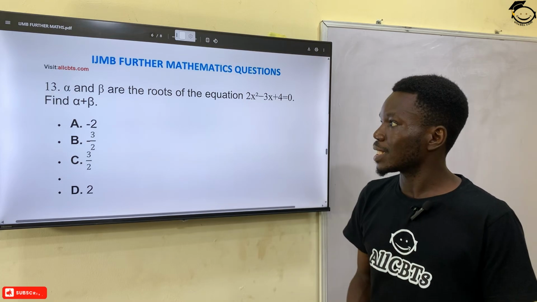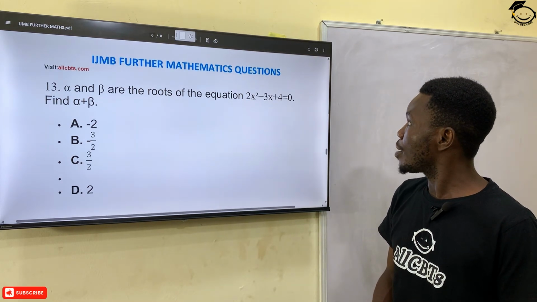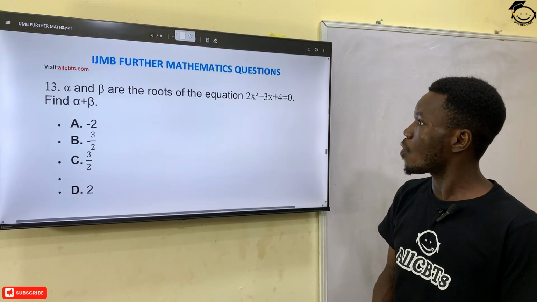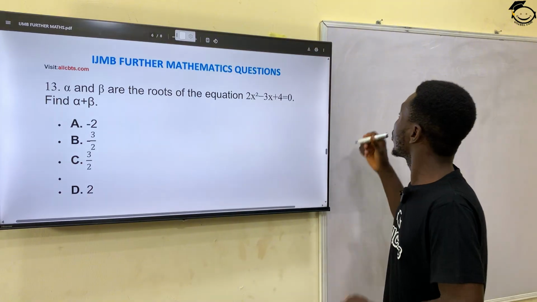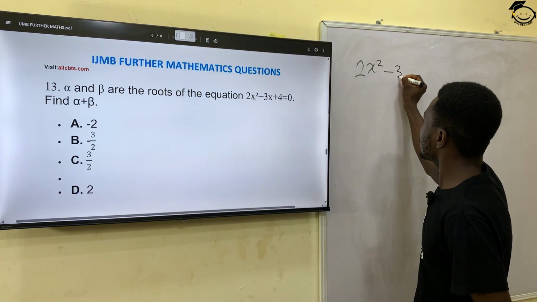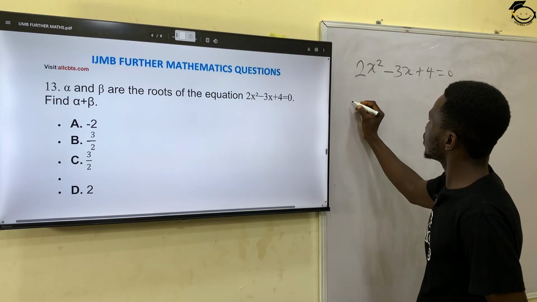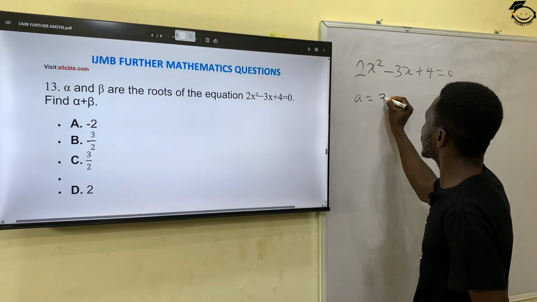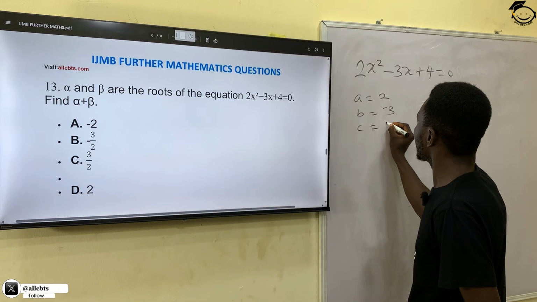So question number 13 says alpha and beta are the roots of the equation 2x squared minus 3x plus 4 equals 0. Find alpha plus beta. So in this equation, my A is 2, my B is minus 3, and my C is 4.